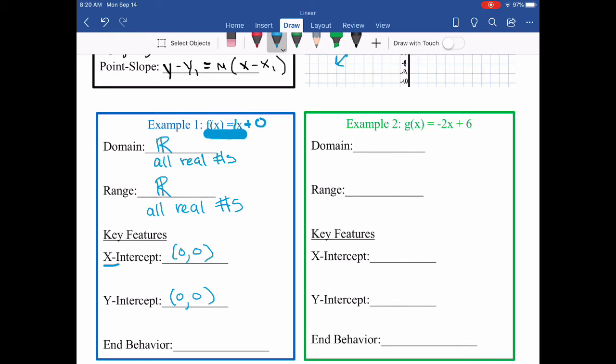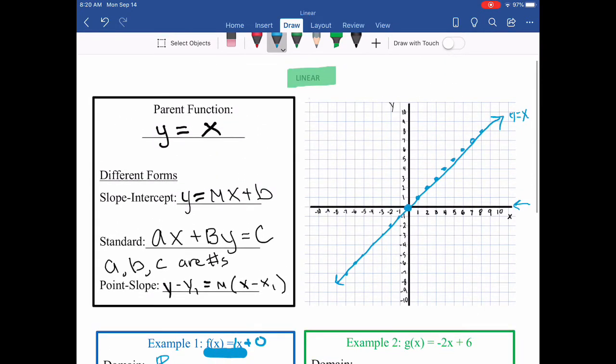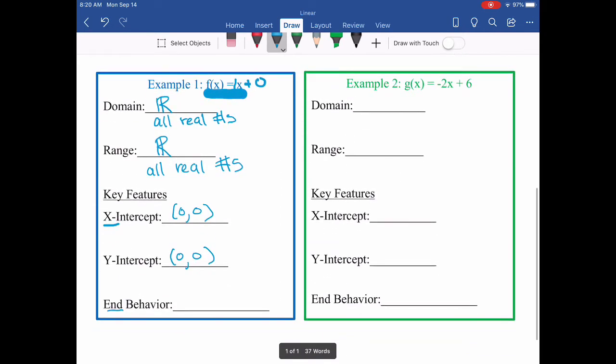When it's asking about end behavior, it wants to know what each of the ends of the graph is doing. Well, this left-hand side is approaching negative infinity, and this right-hand side is approaching positive infinity.